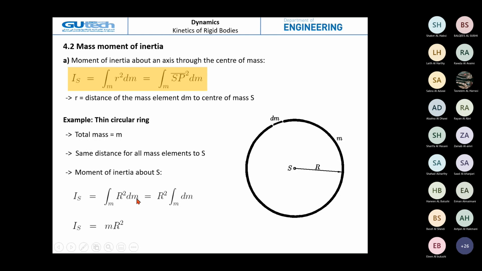Then we make the integral of r squared dm, where r is constant. Then we integrate only dm, and the integral of dm will be only m. Keep in mind that the mass moment of inertia will be only the mass multiplied by the radius squared.